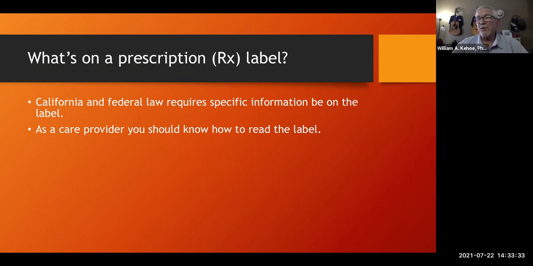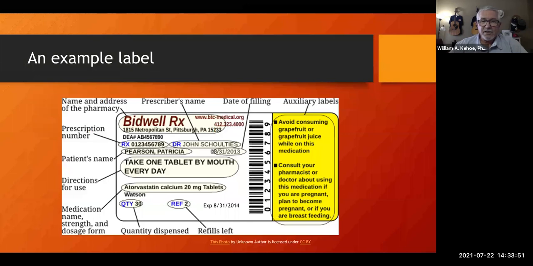Today's labels include a lot of information. And unfortunately, the fonts are getting smaller so that the older I get, the harder it is to read some of these labels. But as a care provider, you really should know how to look at a label and find out all the information you need. So let's take a look at one here. This is an example that I actually got off of the internet.